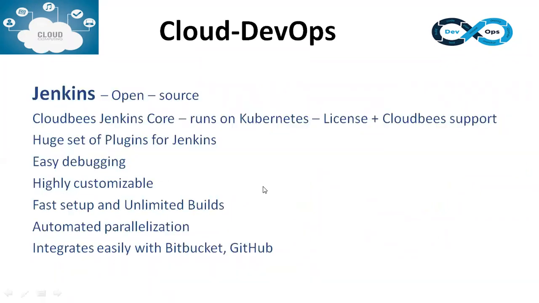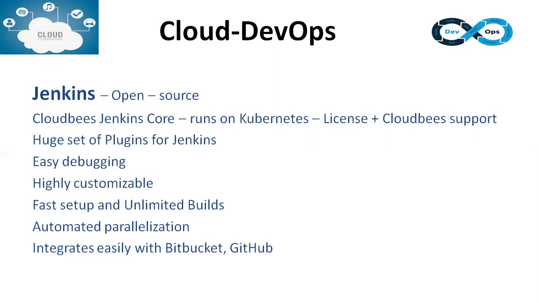As I said, Jenkins is open source. At the same time, Jenkins also has a licensed version. Jenkins was developed by Cloudbase, and the paid version of Cloudbase is called Jenkins Core, or some people call it Jenkins X. And this runs on Kubernetes.